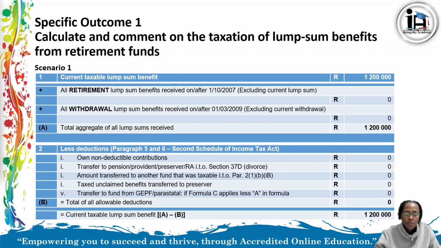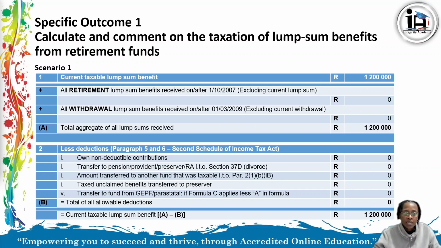So number 1, we calculate the current taxable lump sum of 1,200,000. We add all retirement lump sum benefits received on or after, which we don't have a figure, 0, and then we add all withdrawal lump sum benefits received on or after 1st March, which also is 0. Then that brings our total A, which is the total aggregate of all lump sums received, to 1,200,000.